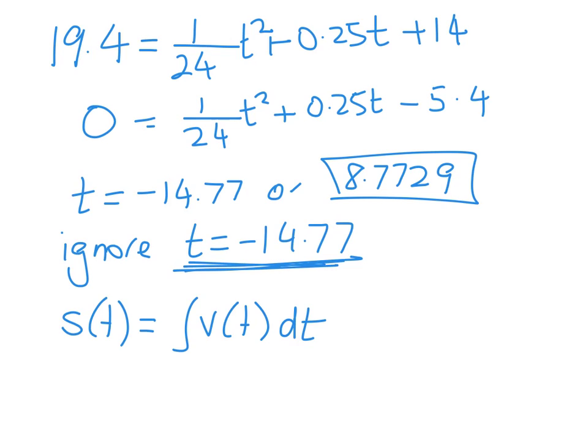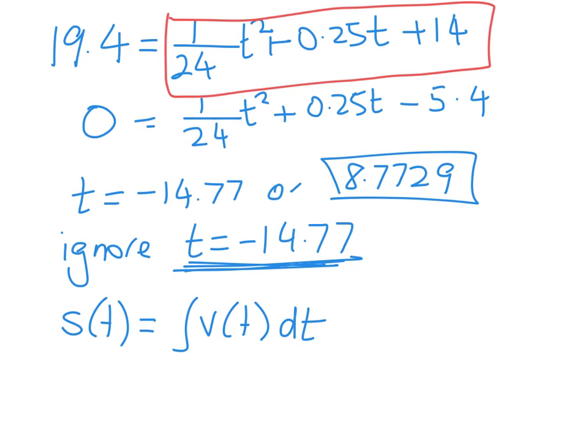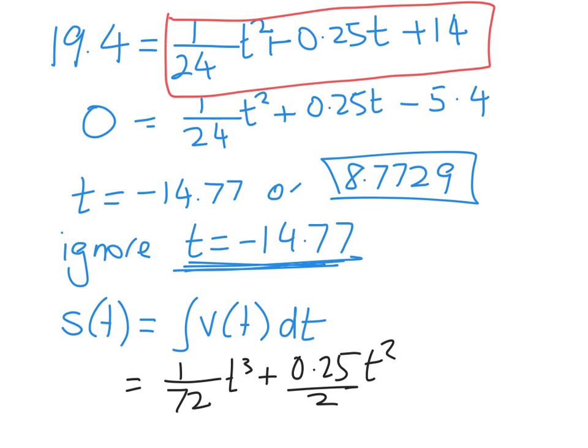You can see v of t actually still on the screen up here. Right. So when I anti-differentiate that, I'm going to get 1 over 72 t cubed plus 0.25 t squared divided by 2 plus 14t plus c.